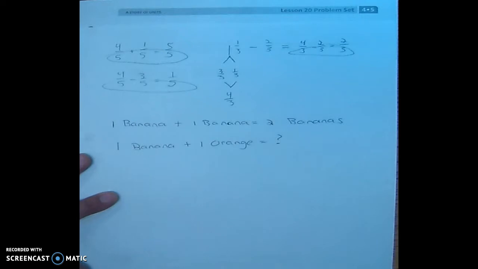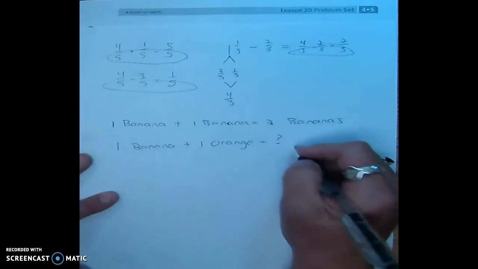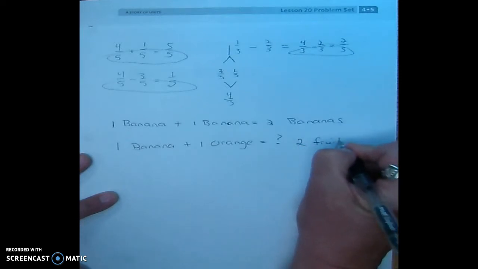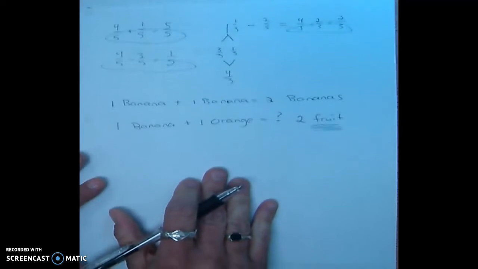We can't say that we have one banana orange, or two banana orange. We have one banana and one orange. But we need to add those together, and we're going to rename that. It's going to equal fruit.